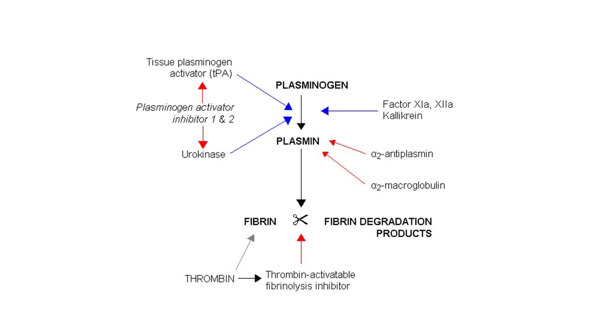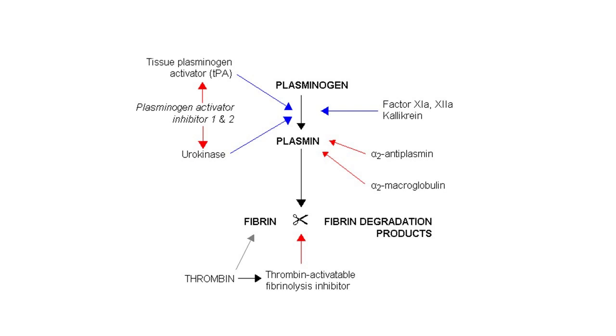The most important activator is tissue plasminogen activator, or tPA, which is released from endothelial cells. Urokinase is another activator that can also convert plasminogen into plasmin. In addition, factors from the intrinsic coagulation pathway, such as factor XIa, factor XIIa, and kallikrein, can also promote plasmin generation.